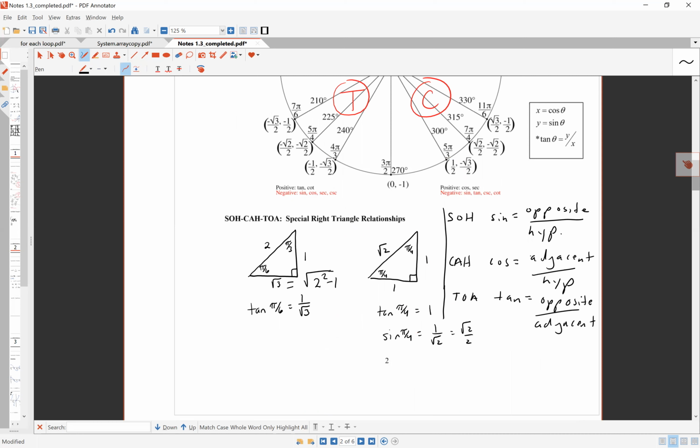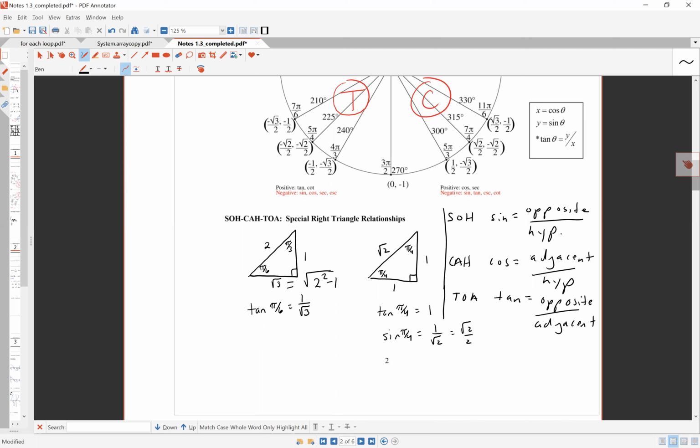Okay, so first of all, what does the SOH stand for? The S is the sine, and that's equal to opposite over hypotenuse. The CAH: cosine equals adjacent over hypotenuse. TOA: tangent equals opposite over adjacent. And so when you have a right triangle, that's how we can calculate the cosine or the sine of an angle.